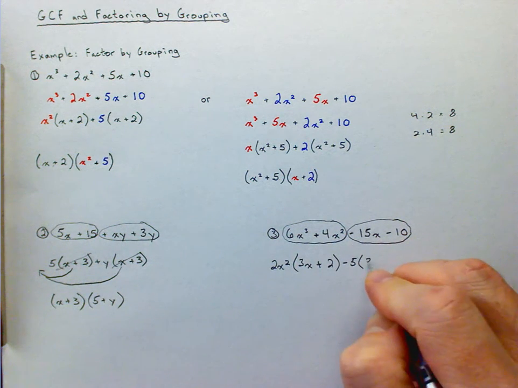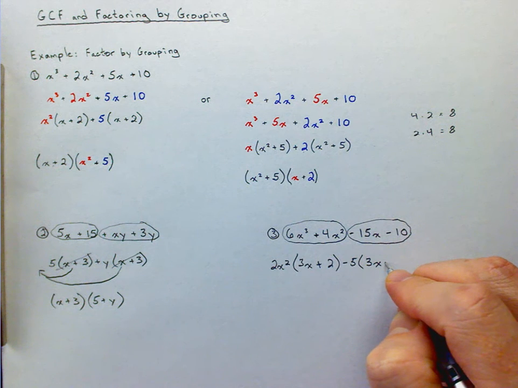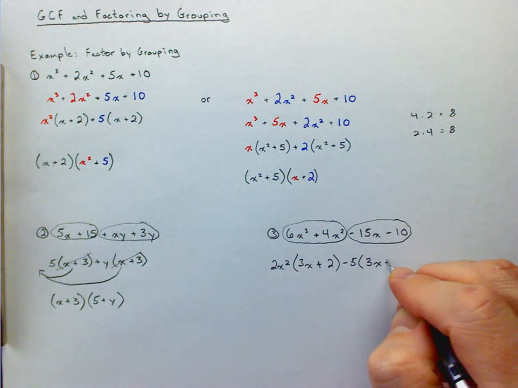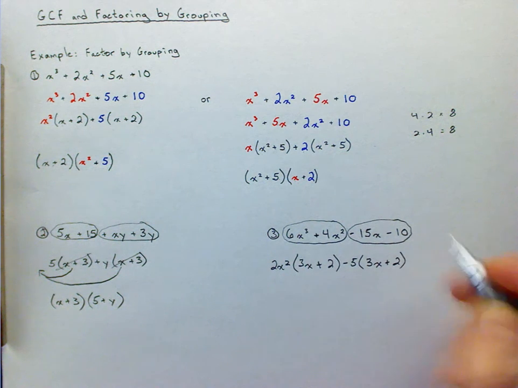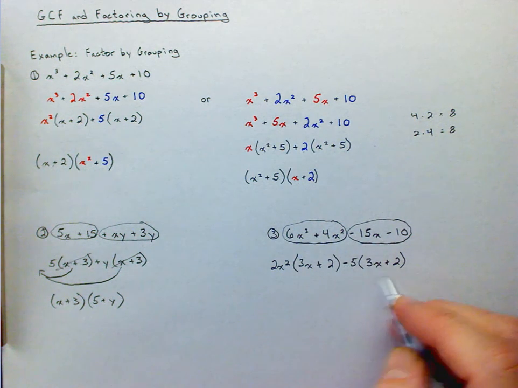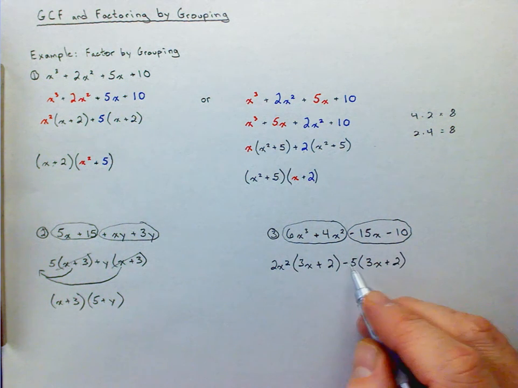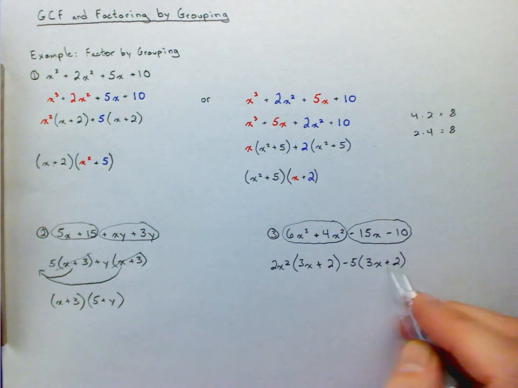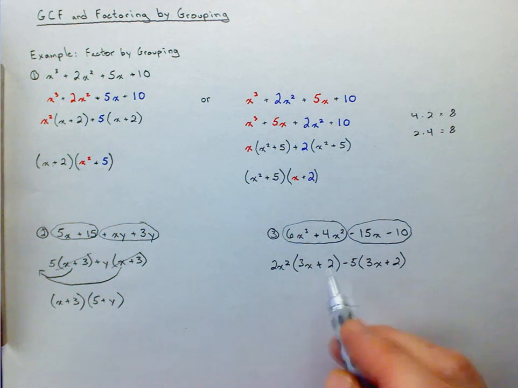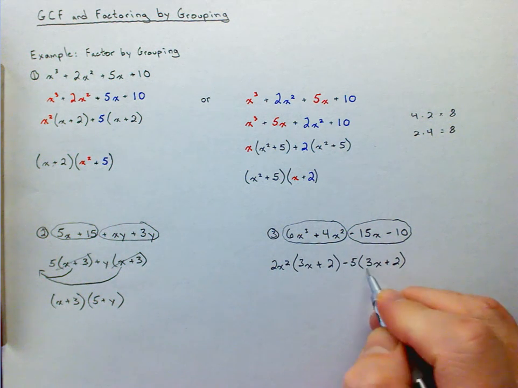That leaves me with 3x plus or minus, right? Nope, plus 2. Think about it if you get confused. Look at it and say, okay, a negative 5 times, say a negative 2, would give me a plus 10. Nope, so I need to say a negative 5 times a positive 2 will give me a negative 10. And look, I have 3x plus 2 and 3x plus 2.